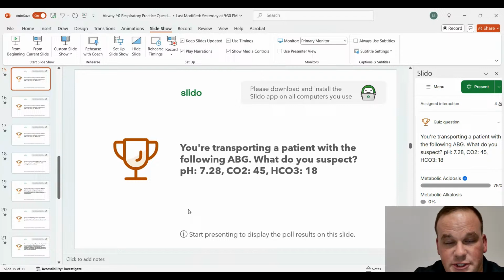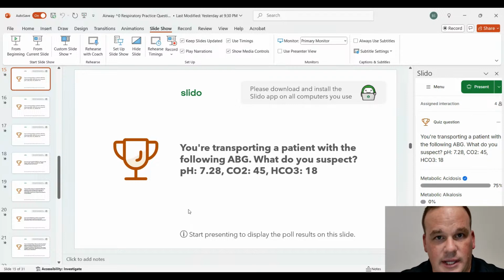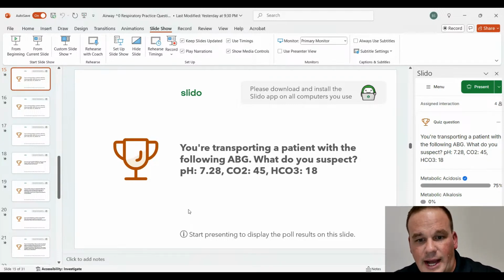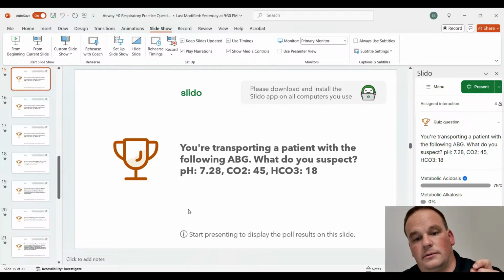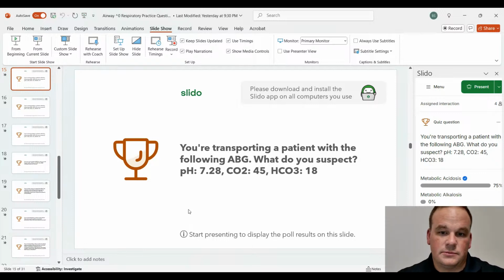So I should be prepared on the National Registry exam to say, based on these markers, it's a metabolic acidosis, but I should also be prepared to talk about how this patient could get in this condition to begin with. What things can cause a metabolic acidosis? It could be an aspirin overdose, sepsis, diabetic ketoacidosis, or renal failure. Any of those things can lead this patient into a metabolic acidosis.